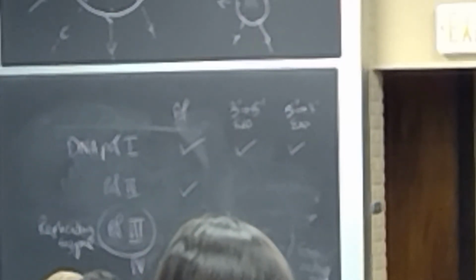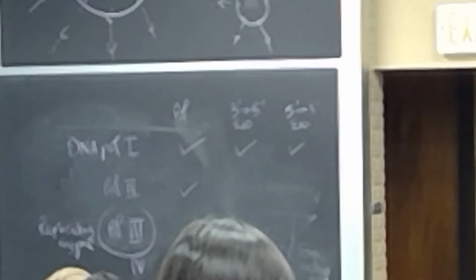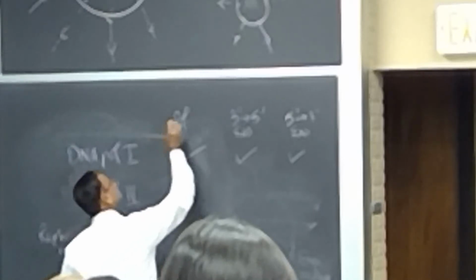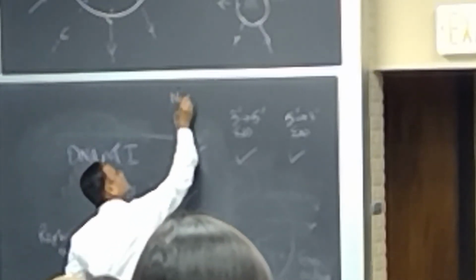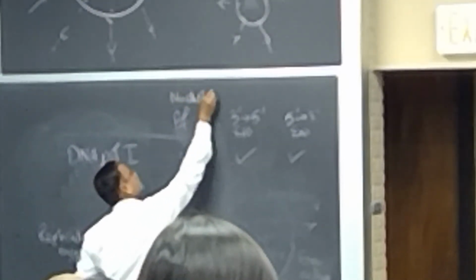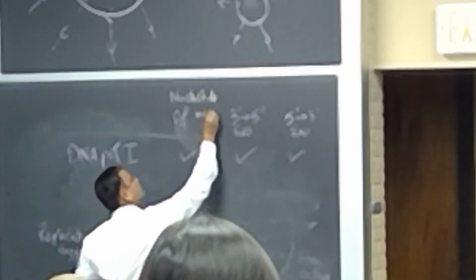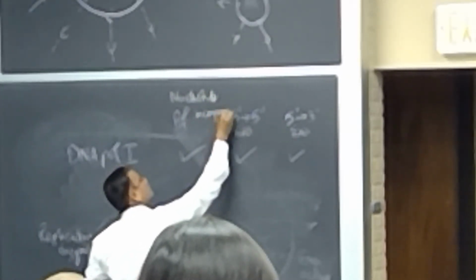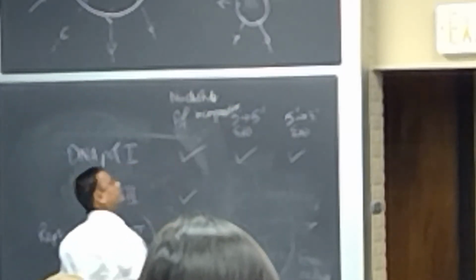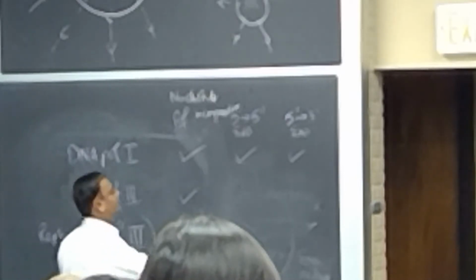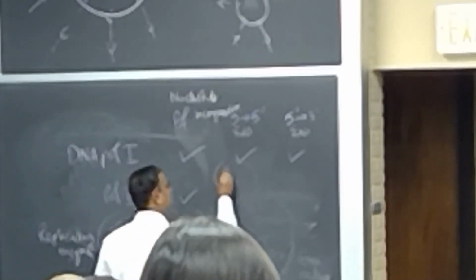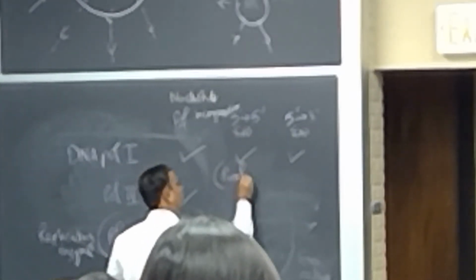But Pol 1 has all 3 active sites. We know the activity of the polymerase is nucleotide incorporation, correct? The function of the 3' to 5' exonuclease is what we discussed: proofreading.